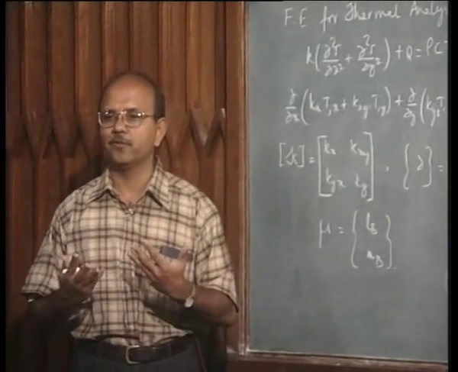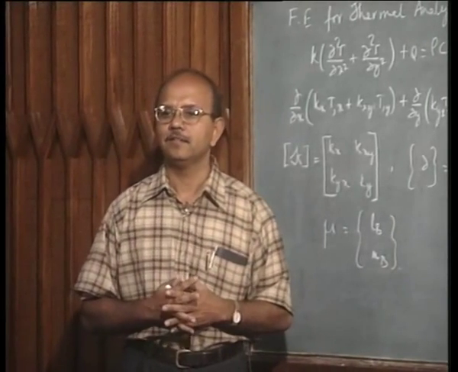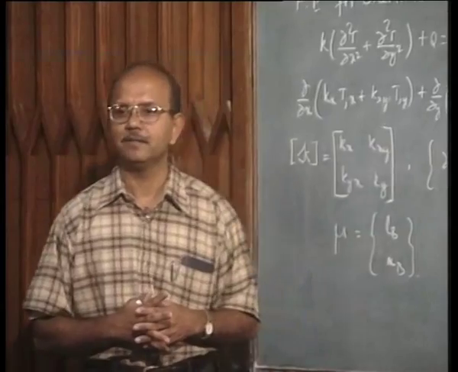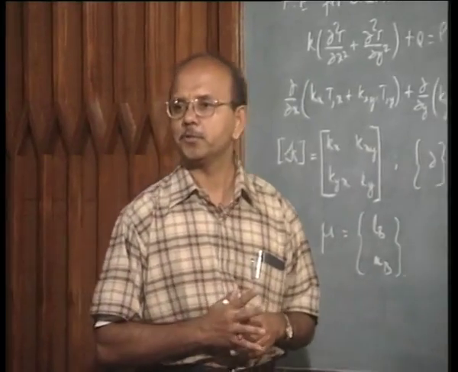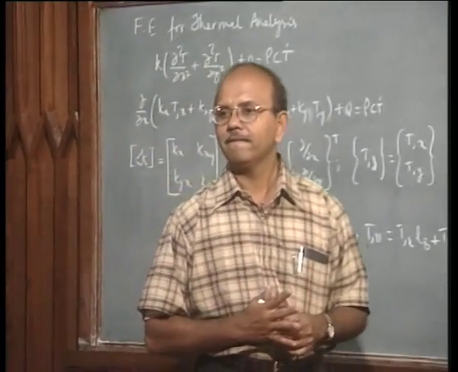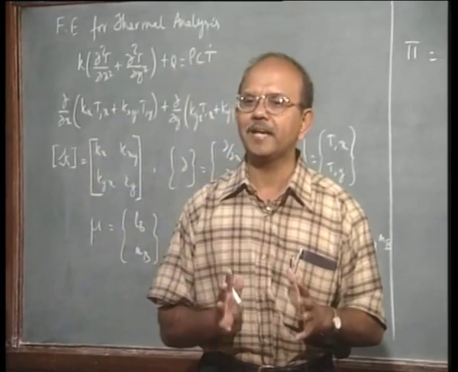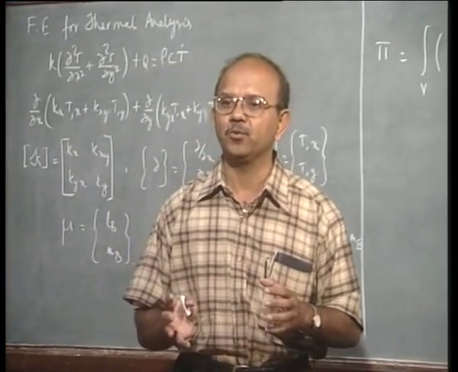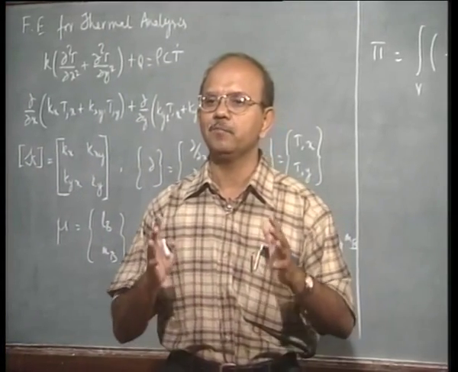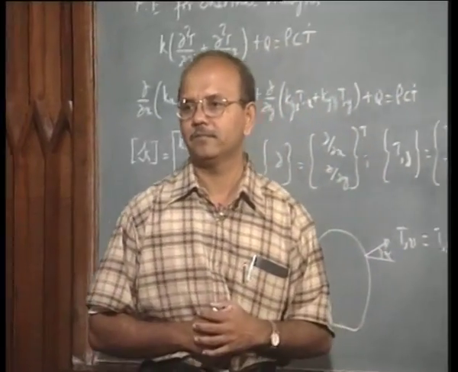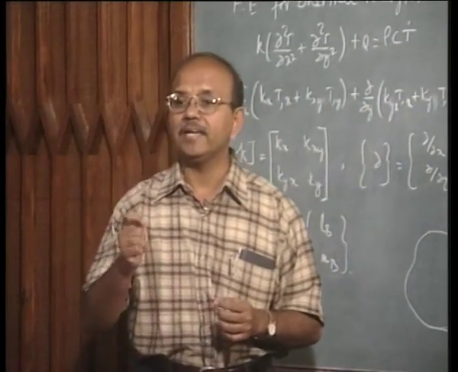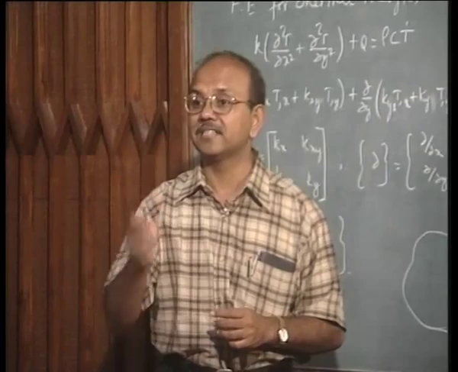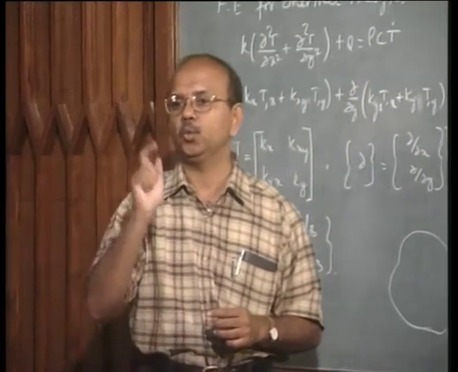I wanted to give an answer, but I thought it is better that I know whether you understood this. Because the principal directions of K1 and K2 are fixed with the material or the component. X, Y, Z axes are axes chosen by you.